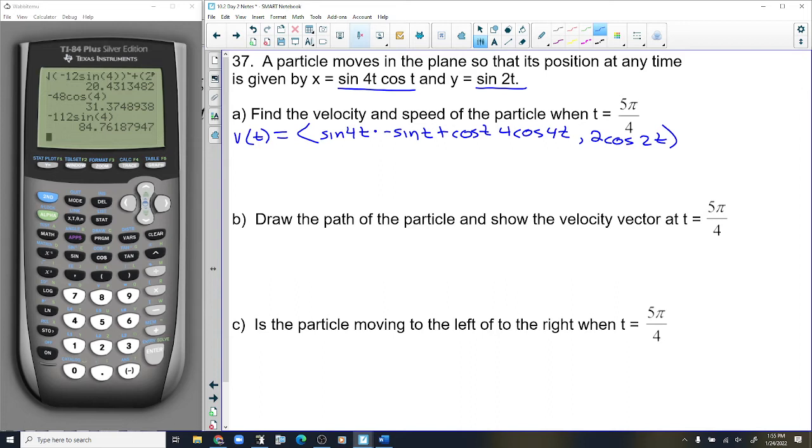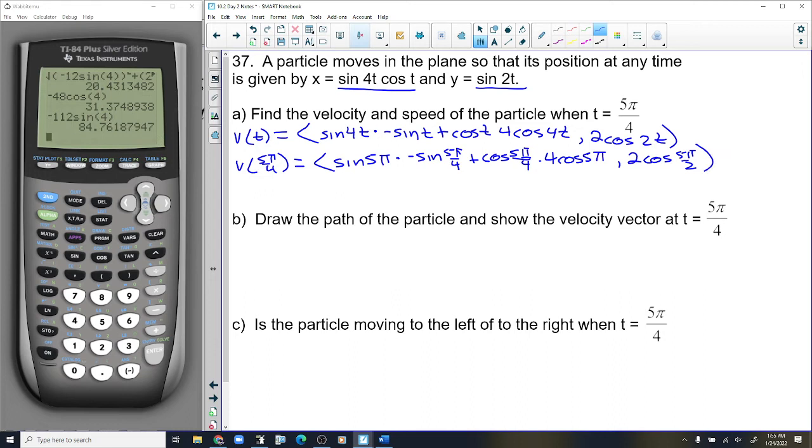And now evaluated at 5 pi over 4. So sine of 5 pi times negative sine of 5 pi over 4 plus cosine of 5 pi over 4, times 4 cosine of 5 pi, comma, 2 cosine of 5 pi over 2.